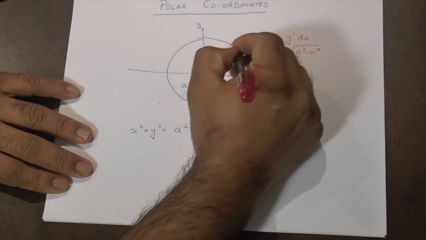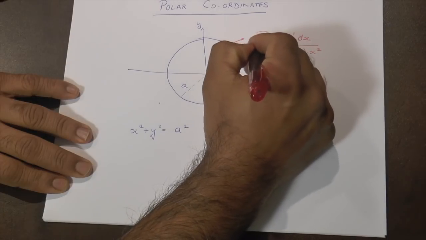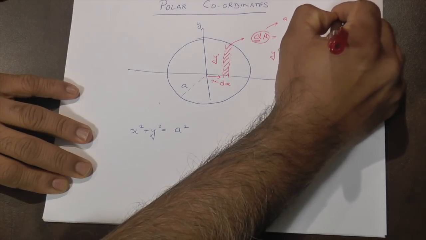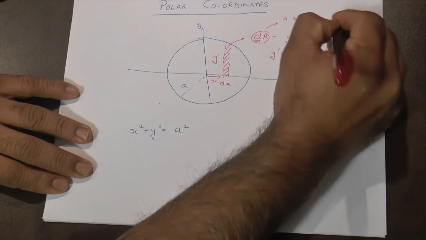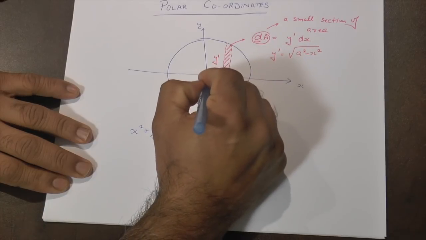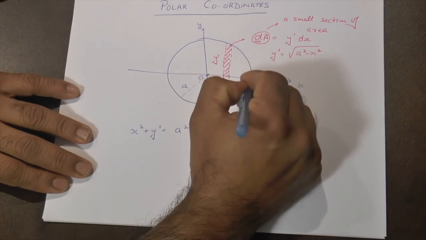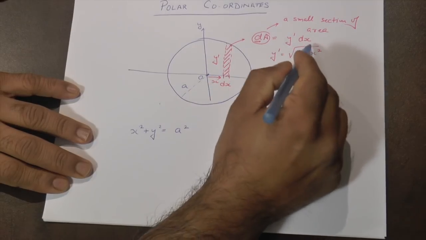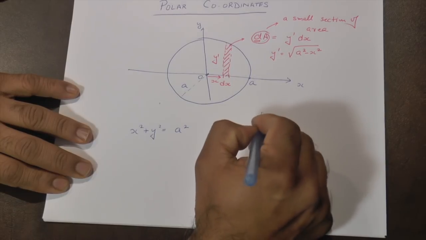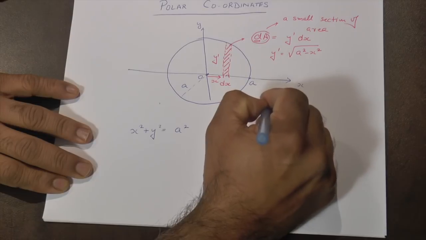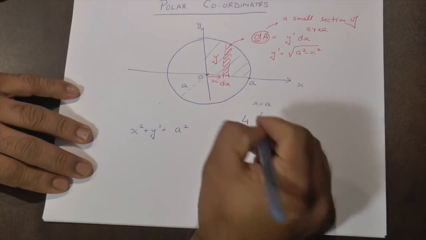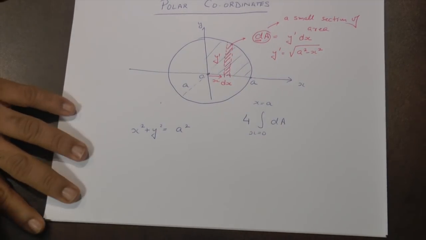You're saying that the differential area, this d is not the derivative, but this basically is saying a small section of the area, and then what you're basically saying is, okay, if I integrate this differential area from x equal to 0 to x equal to a, I should get the area of this quadrant, and if I multiply by 4 I should get the total area of the circle.